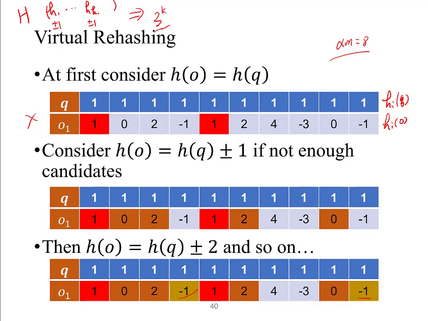Plus, we only need to recount everything. It's kind of easy and less time consuming to do. All right, so these are basically the two main ideas of C2 LSH. One is collision counting, and one is virtual rehashing.